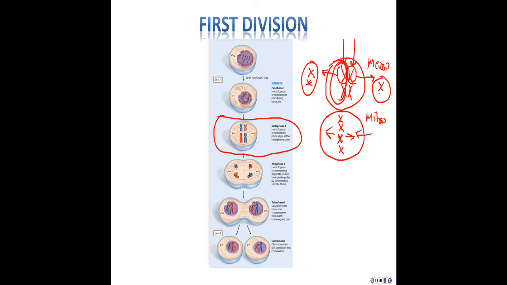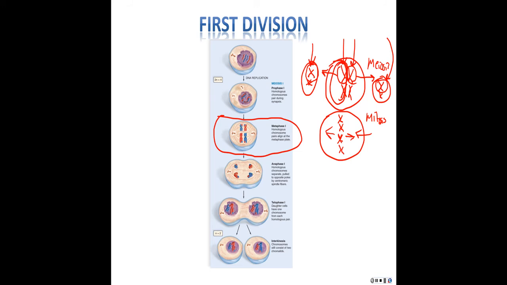This now has less information than the original cell. This chromosome versus this chromosome are different, and now they're in different cells. So this cell has a distinct genome compared to this cell.